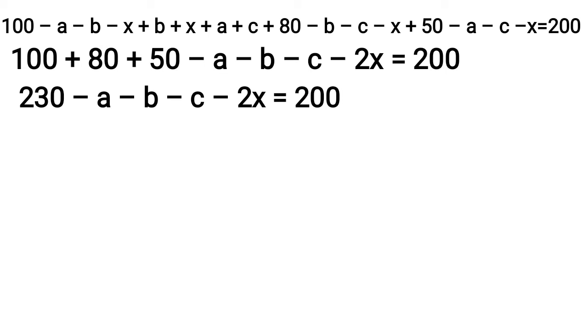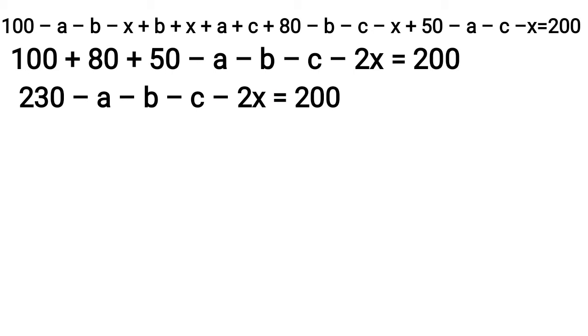All right, so now what can we do here? We can group like terms. What are we looking for? We are looking for X, so we make X the subject. So negative 2x stands as one side, preferably the left hand side. Then we send the rest to the right hand side.